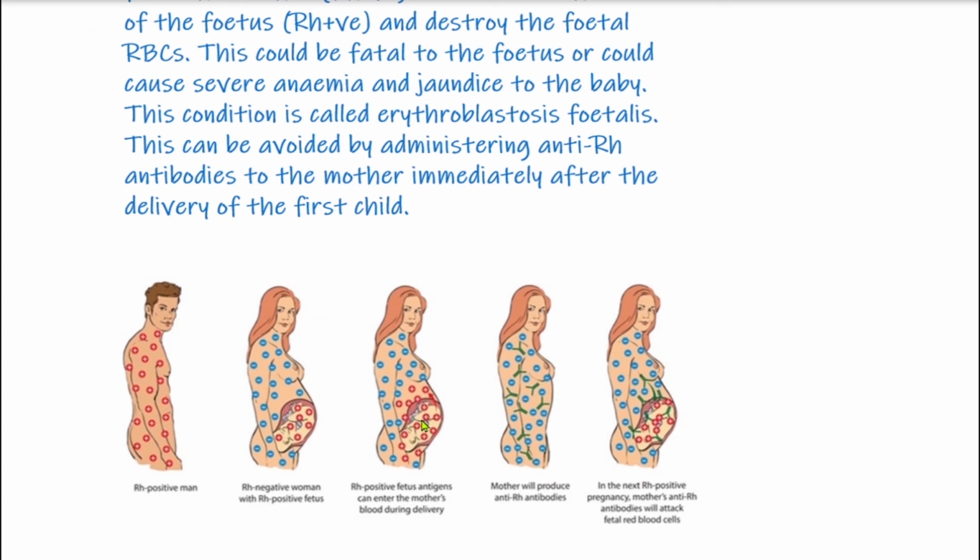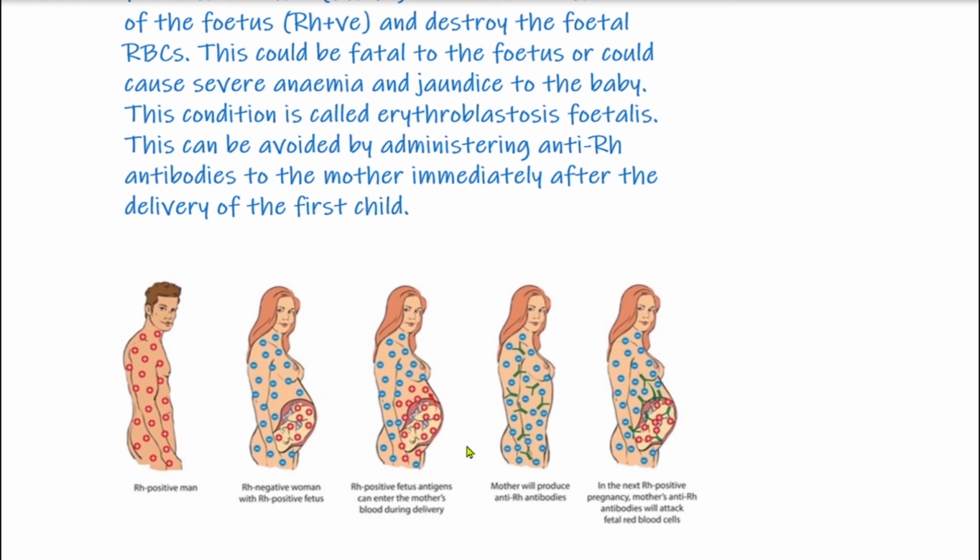Now, after this delivery, as the blood of the baby has mixed with the blood of the mother, the mother's body will start making antibodies against these Rh antigens. And these are the Rh antibodies, the green colored Rh antibodies. So they will be formed after the first delivery.